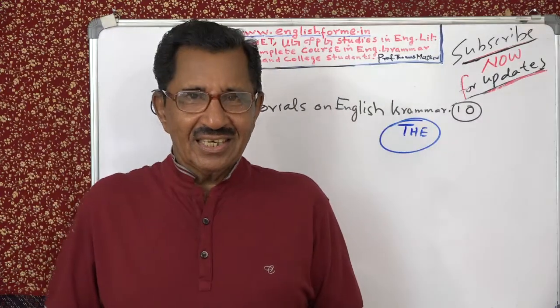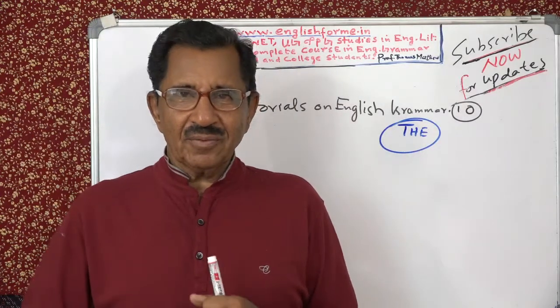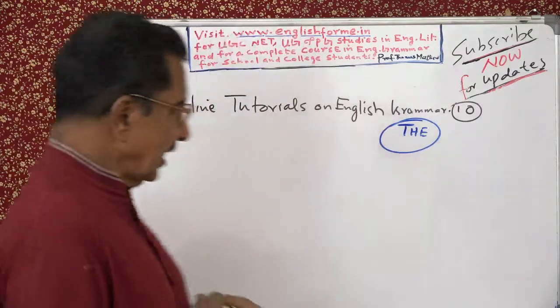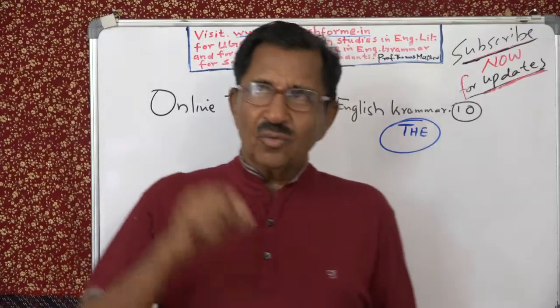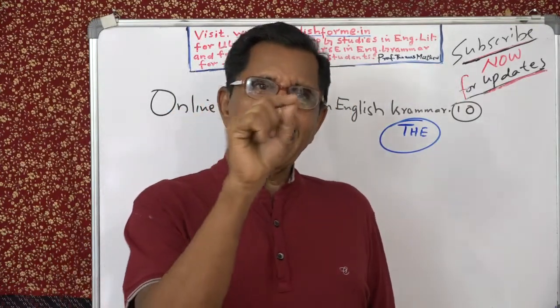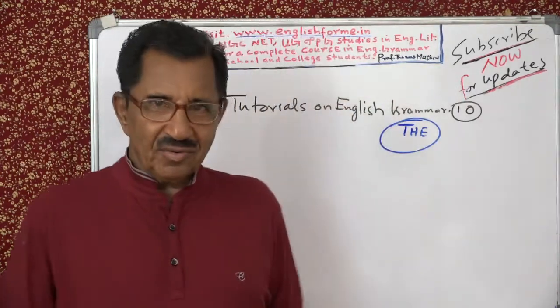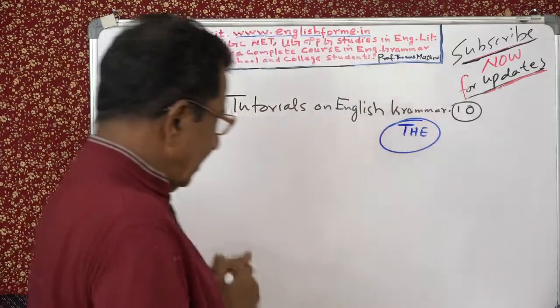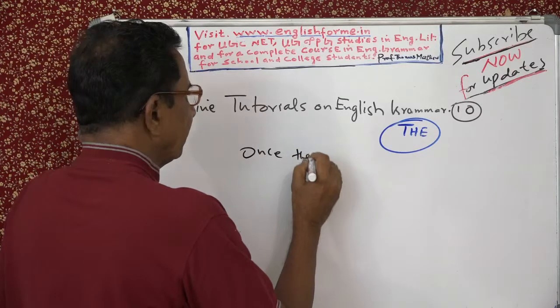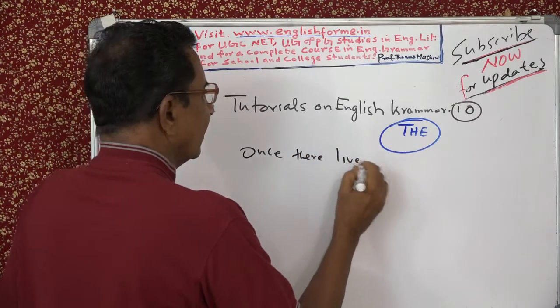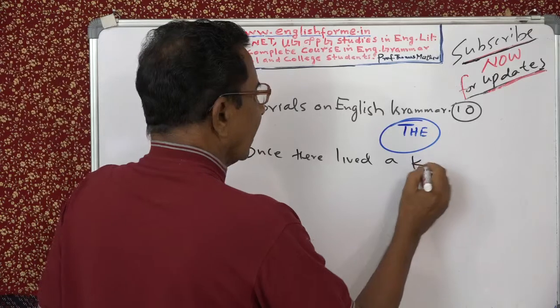Now the question is, you have seen sentences like this, when you start old stories. Once there lived a king. Remember a? Yes. He said like this, once there lived a king.